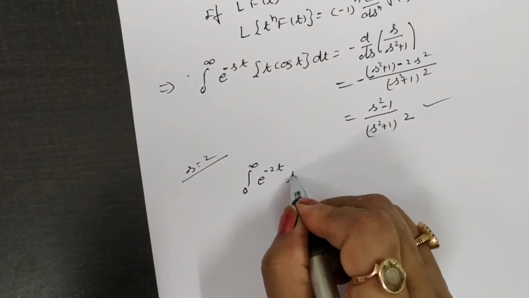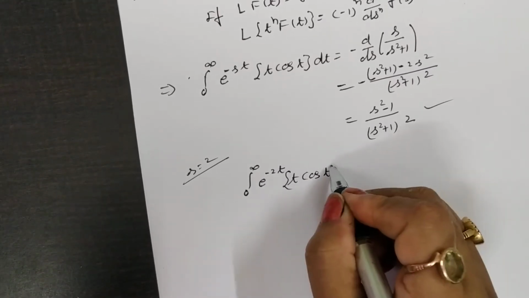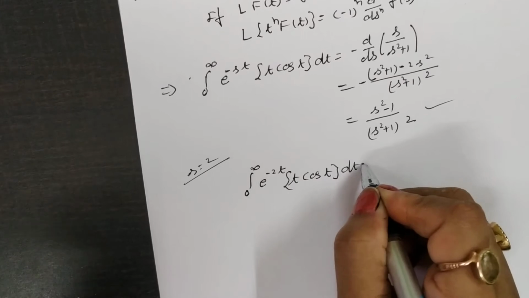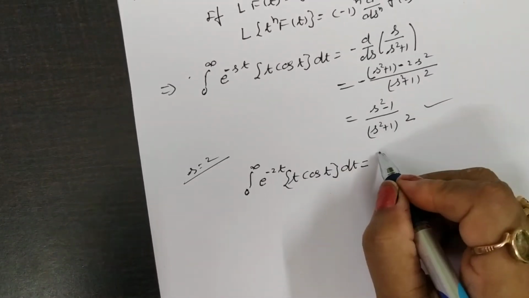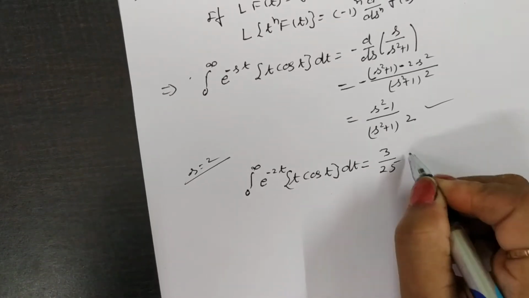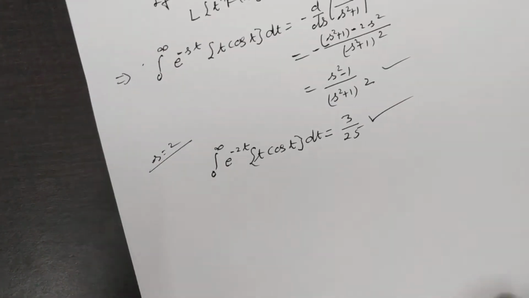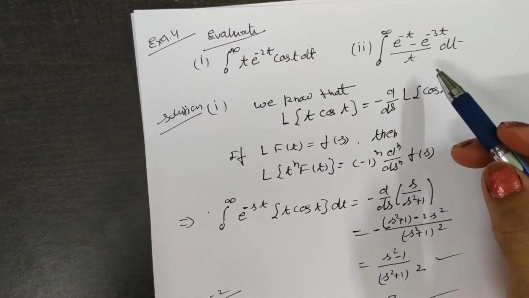Here you take s as 2, so the integral from 0 to infinity of e to the power minus 2t, t cos t dt is equal to, substituting s equal to 2, 3 by 25. Is that clear?